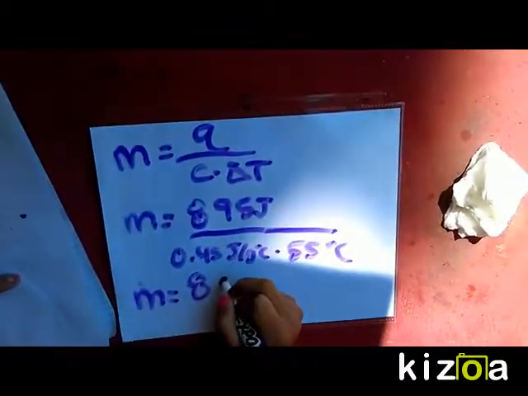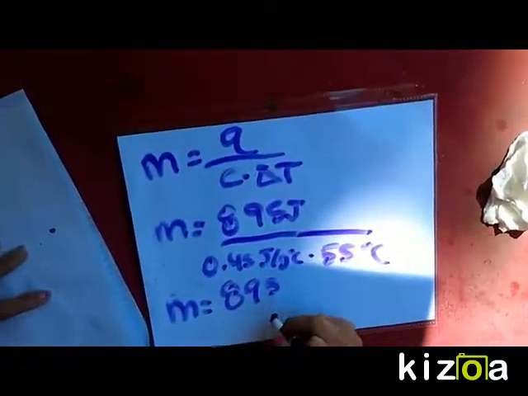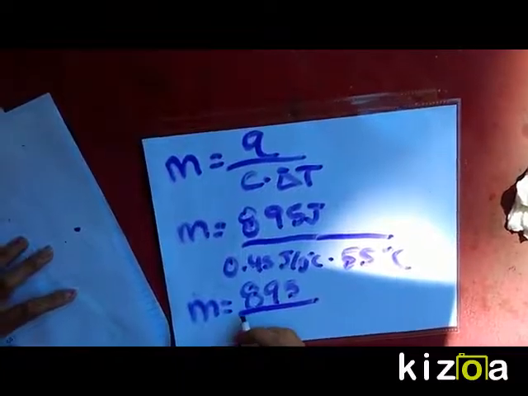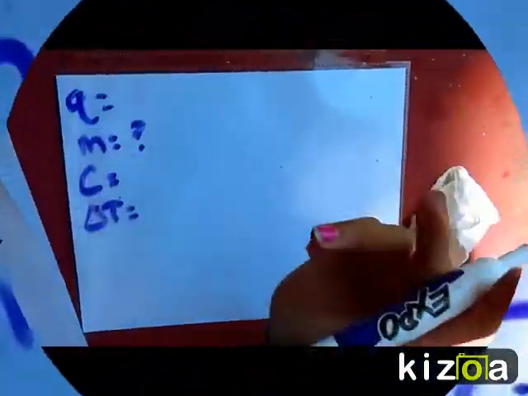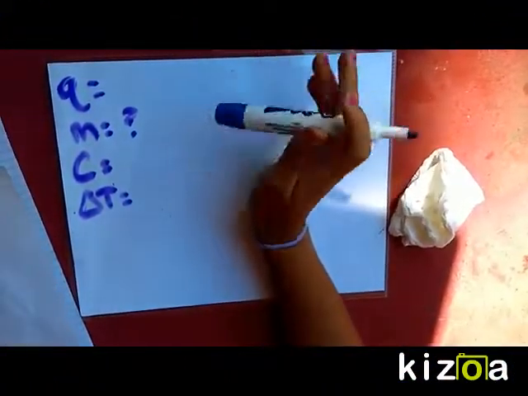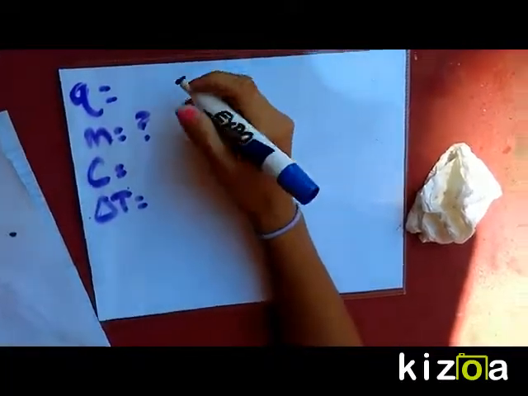When you multiply C and triangle T, it will be 85. This is our word problem that was stated previously.